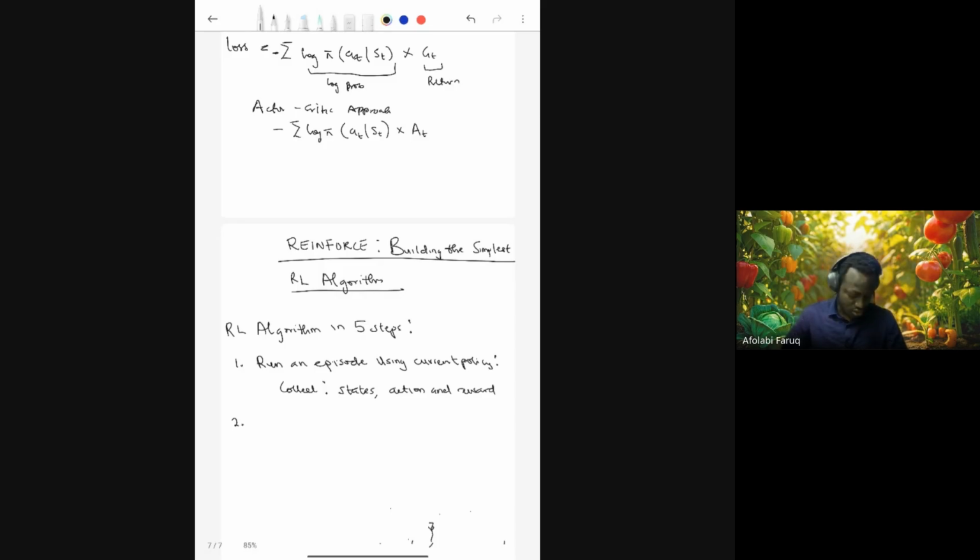So here we compute the return G_t, and we do that using the backward pass. And I think one thing we've been able to establish in our last session is that computing the return using the backward pass is better.